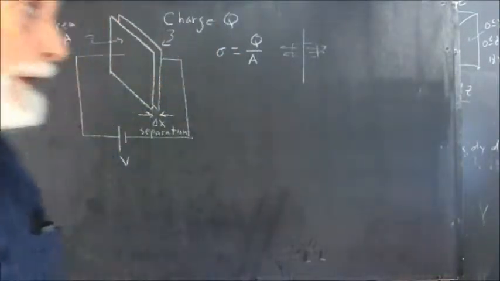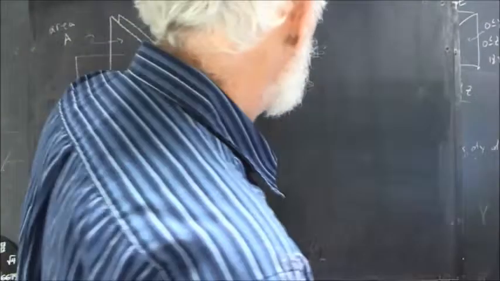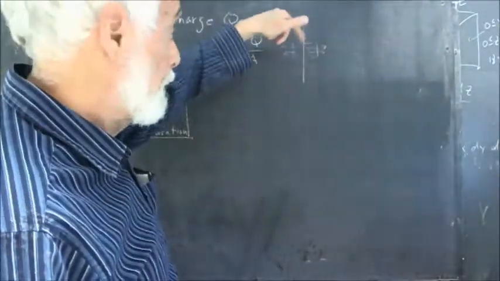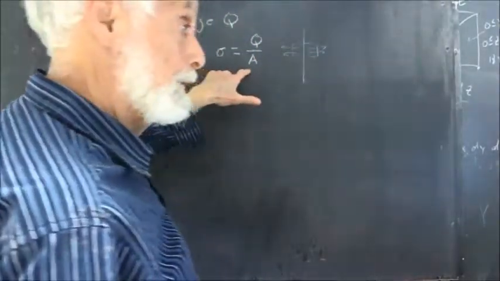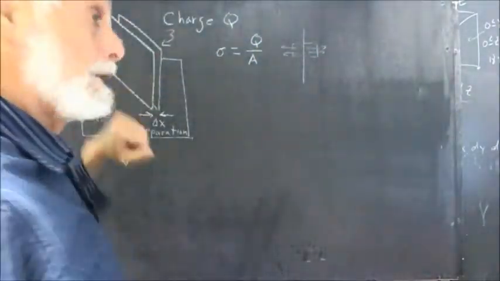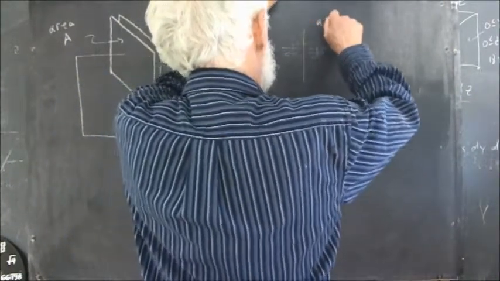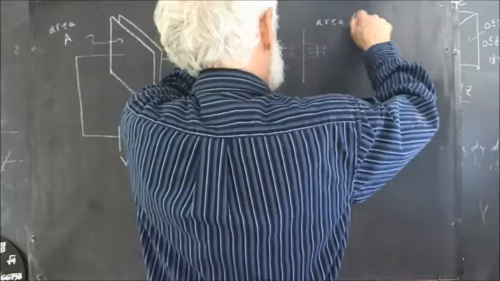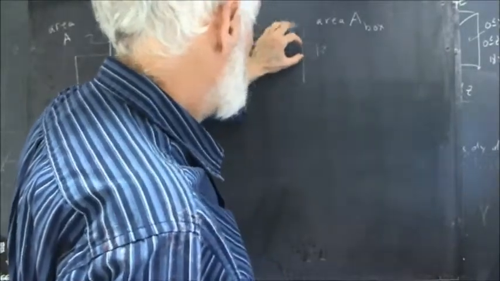Got to pause for a second and figure out a notation to use. I wanted to use capital A for the area that's enclosed by this thing, but of course I've already used capital A for the area of the plates. So I'm going to use A box. And I'm not going to write it down, but that's the area enclosed by this box, but that's also the area of the ends of the box.